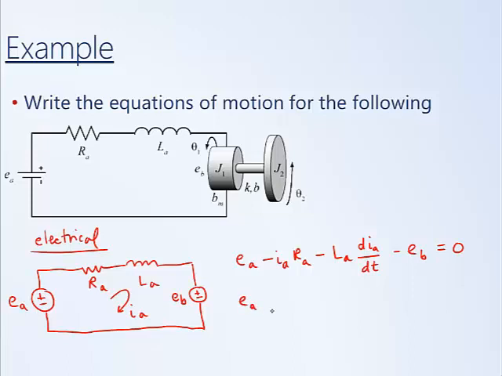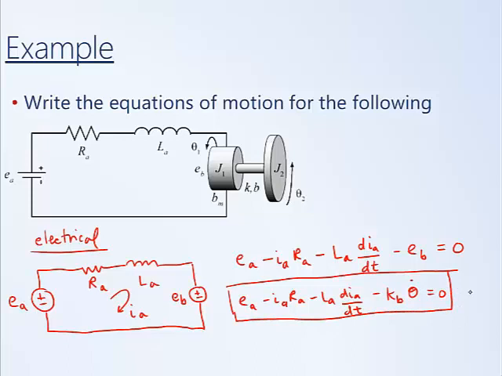If I just go ahead and quickly rewrite this and substitute for back EMF, where I know that the back EMF is equal to the back EMF constant times the rotational speed of the rotor, this gives us the first of the 3 differential equations that we need to describe the motion of this system.